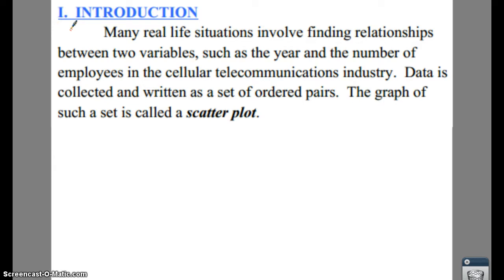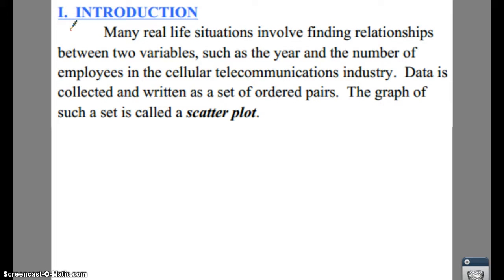A lot of times you're going to find relationships between two variables, and these are going to be your real life situations. If we use something such as the year and the number of employees in the cellular telecommunications industry, well, if you think about the past few years, cell phones are getting more and more prevalent, and more of you and your little sisters or brothers probably have cell phones.